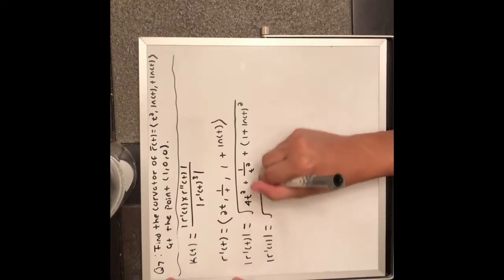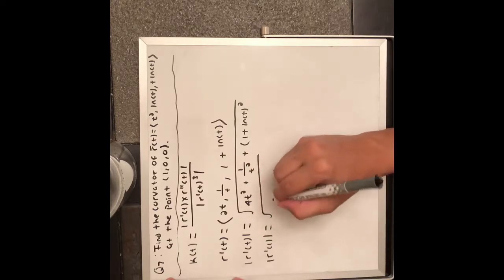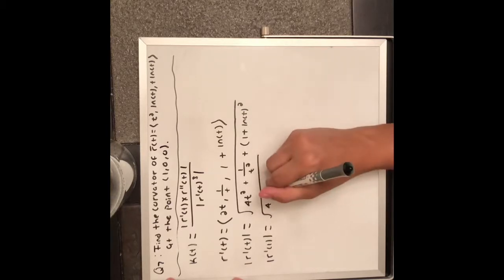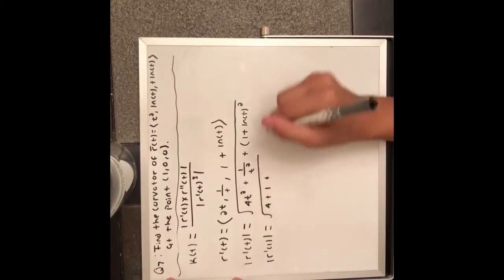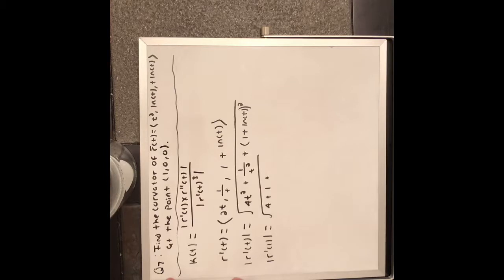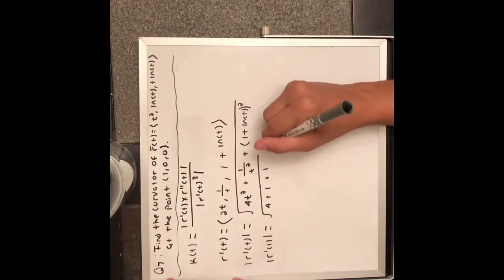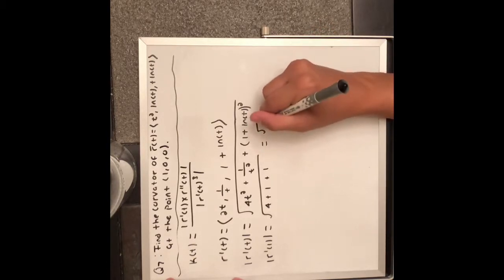So 4 times 1 squared is just 4, plus 1 over 1 squared is 1, plus 1 plus ln of 1, where ln of 1 is 0, so we just have 1 there. So 1 squared is just 1. This will equal the square root of 6.